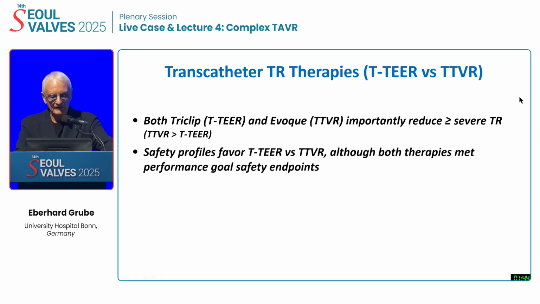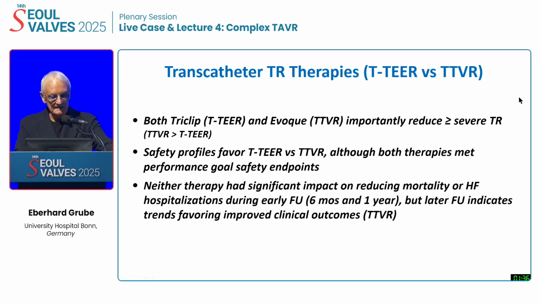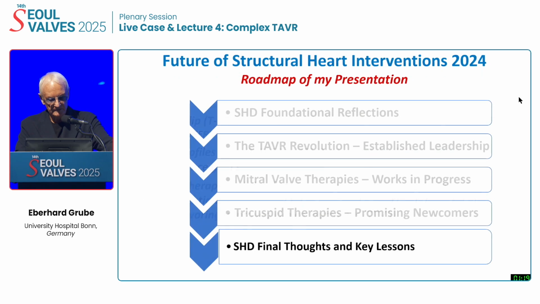Safety profiles favor TEER over replacement, although both therapies met performance goal safety endpoints. Neither therapy had significant impact on reducing mortality or heart failure hospitalizations during early follow-up, 6 months and 1 year, but later follow-up indicates a trend favoring improved clinical outcomes with replacement.